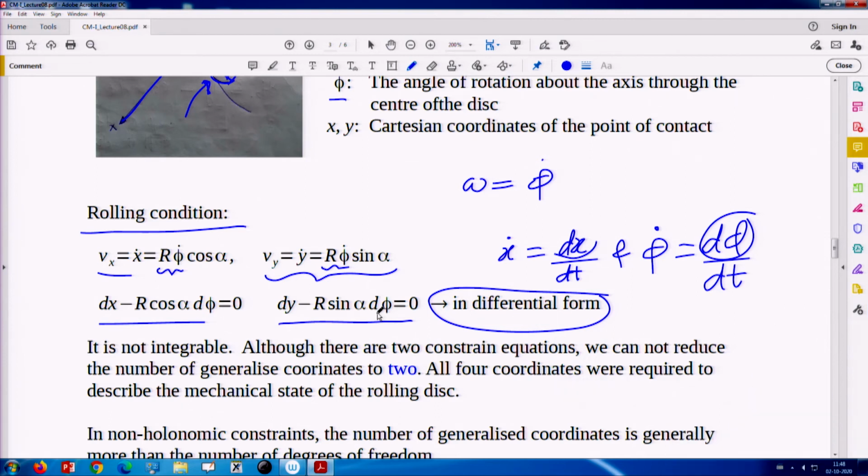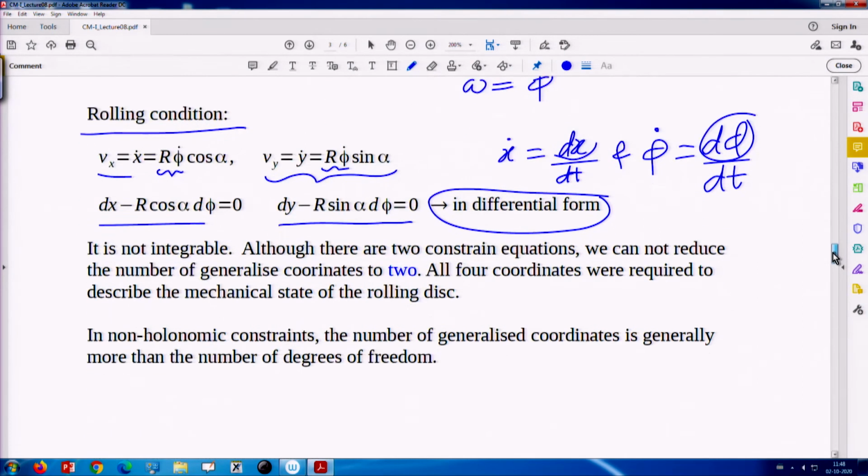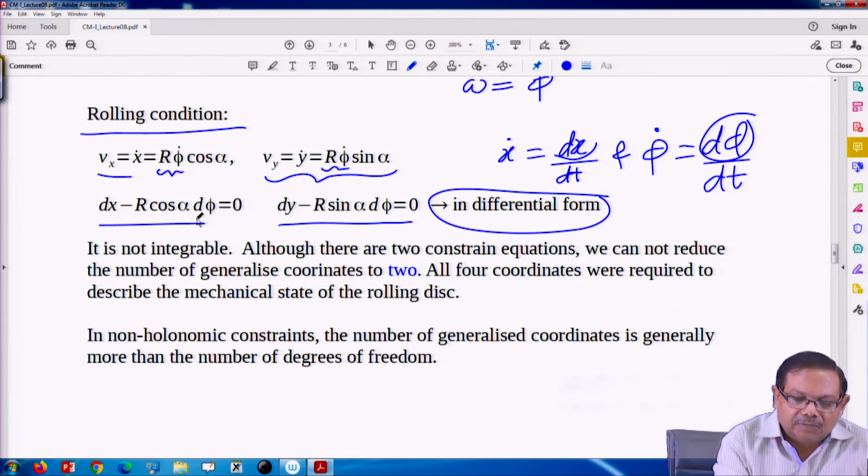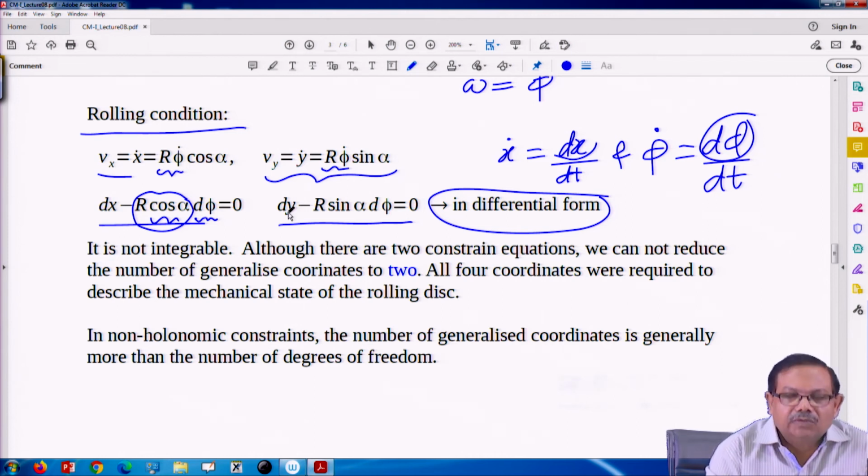If we can find out, then we do not have to bother about the constraints, like we did for holonomic systems. But it is not integrable. The coefficient of d phi involves alpha and there is no d alpha. So, if we take the derivative of this with respect to phi, it would be non-zero, and since d alpha is not appearing, the coefficient is 0.